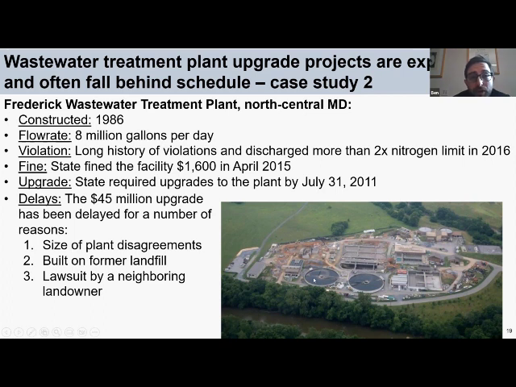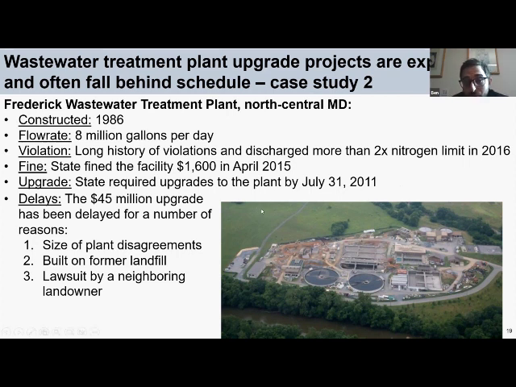So if you make the plant bigger, it's going to make your monthly sewage bill more expensive, even though it may have better treatment, right? So there's always this kind of game between politicians and environmental regulatory agencies and communities about, we want to make wastewater treatment affordable, but we don't want it to not accomplish what it needs to.